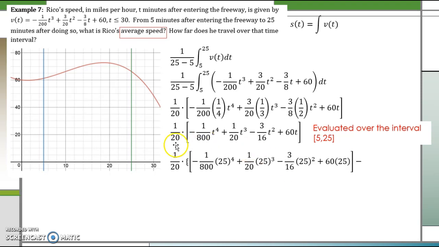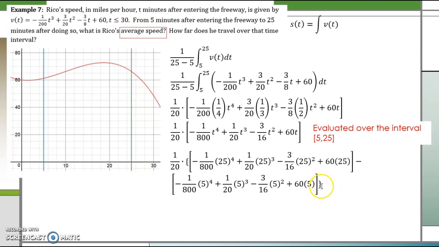So on the left side, I'm going to have 1/20 evaluated starting at 25, but I'm going to have 1/20 be multiplied by everything, because notice that 1/20 is on the outside of all of this stuff here. So everywhere I see t, I'm going to replace it with 25 to begin with. Then I'm going to subtract and replace all my t's with 5s.